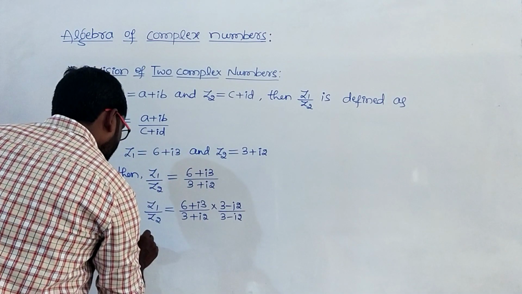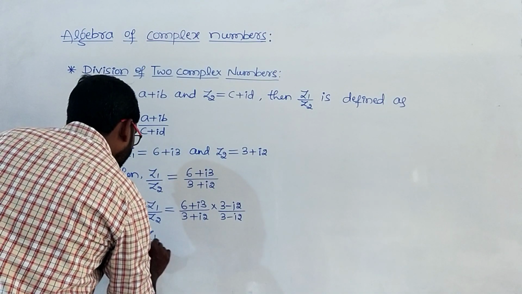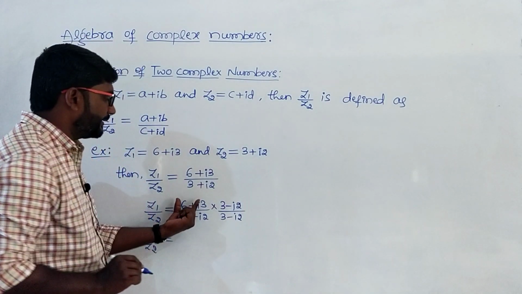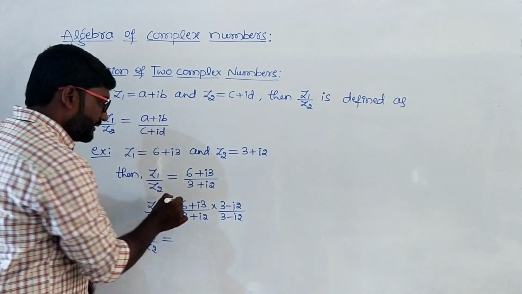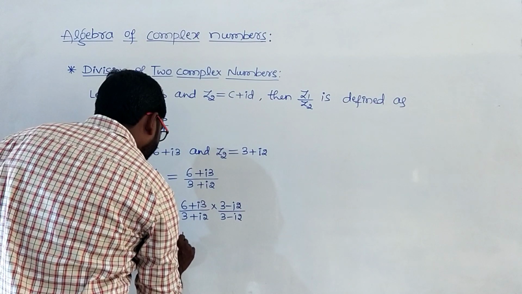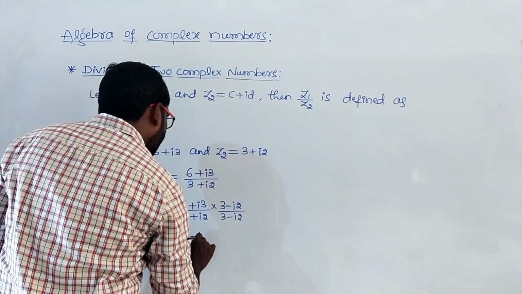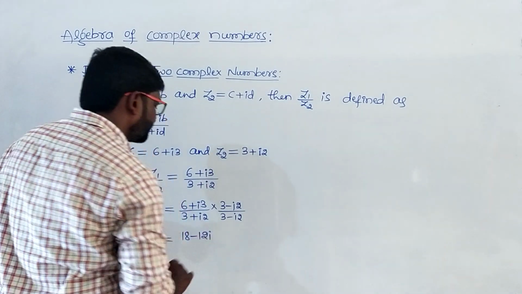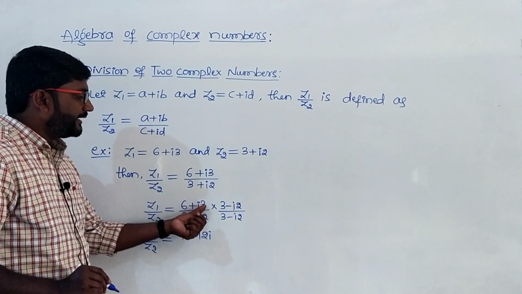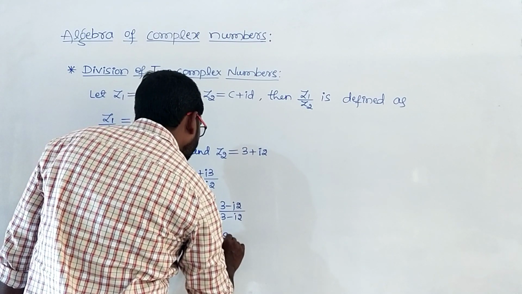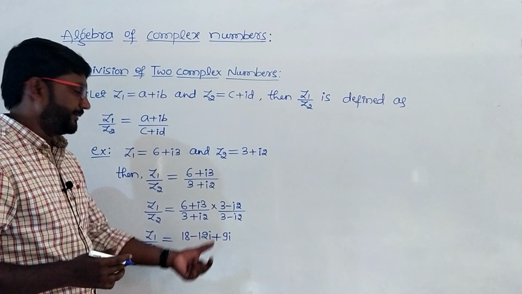So now in the next step z1 by z2 which is equals to, see here we have to multiply these two complex numbers now. 6 into 3 it is 18, then 6 into minus i2 will be minus 12i, then i3 into 3 will be 9i, plus 9i or i9, both are same.